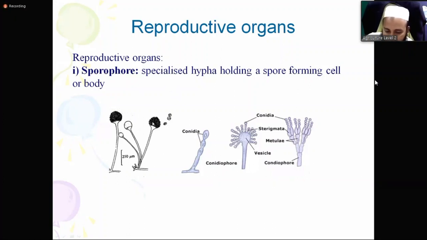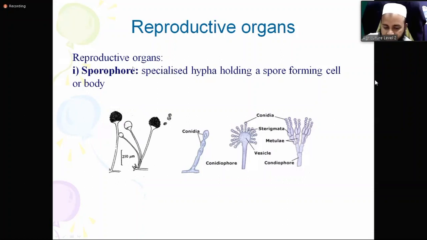Here you can see many spores in the blackish color. One fungus may produce millions or trillions of spores. So what is phore? A spore-bearing stalk, spore-bearing branch, spore-bearing special hypha.